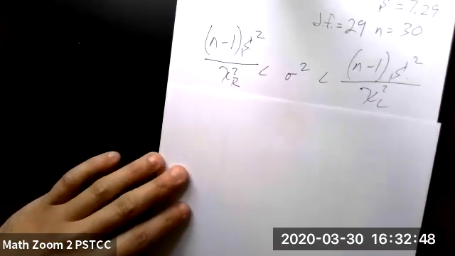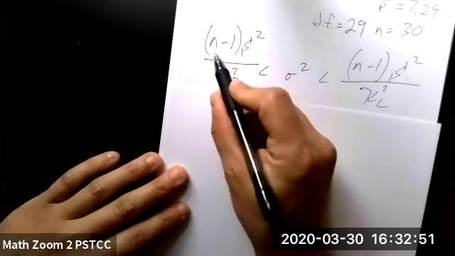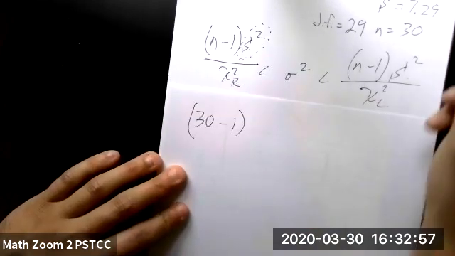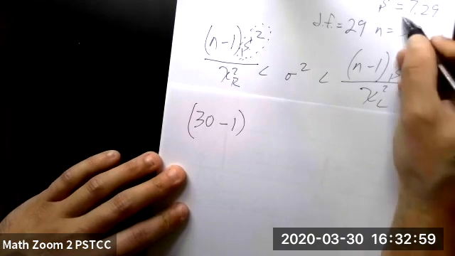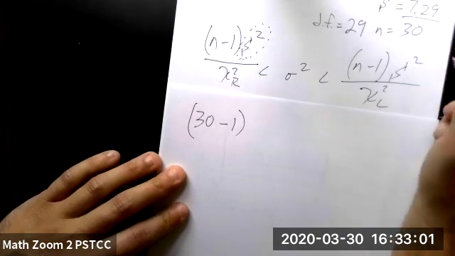Okay. This is where we have to be very careful. S squared represents sample variance. We have that, 7.29.